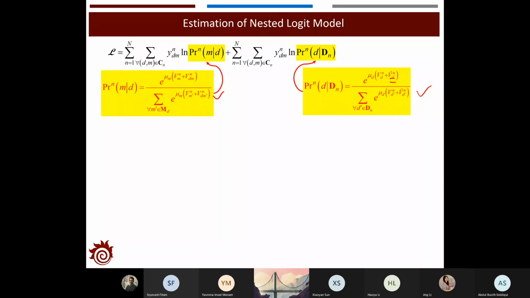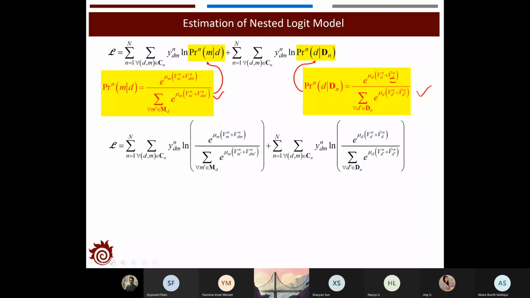So if we put them in the logs in the log likelihood function, and we also replace the deterministic component with the linear formula as we assumed. So we have Vm equal to beta m times xm, Vd equal to beta d times xd, Vdm equal to beta dm times xdm.